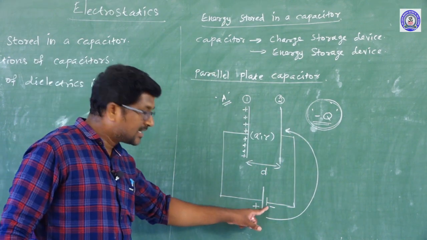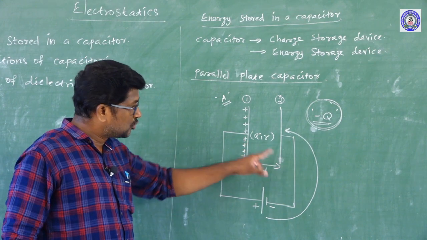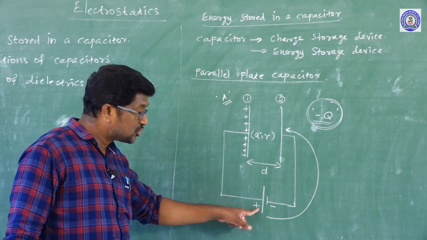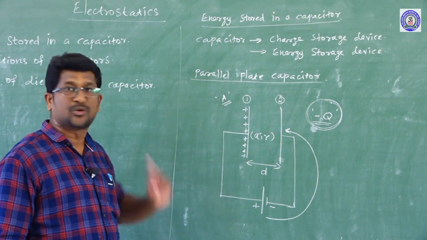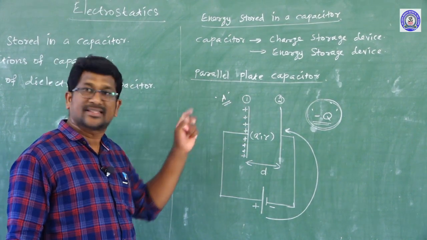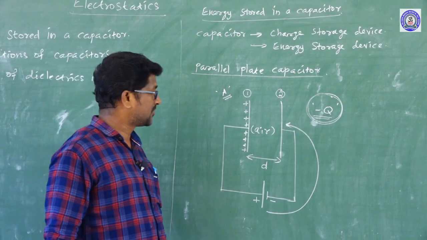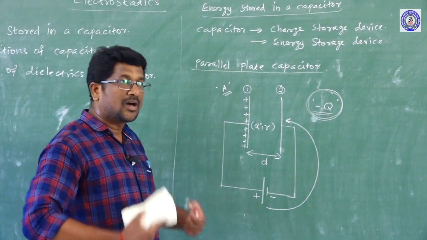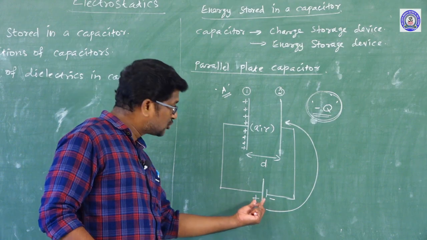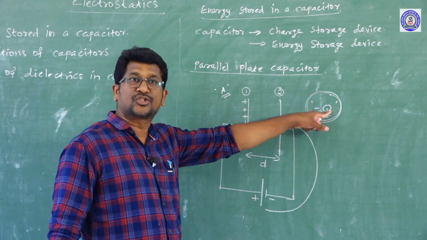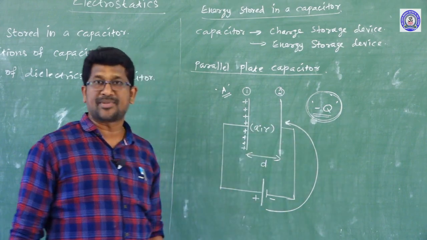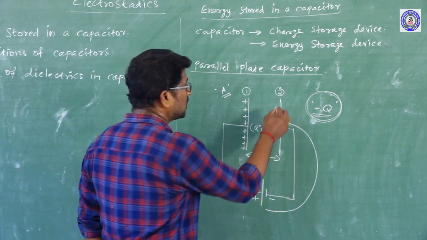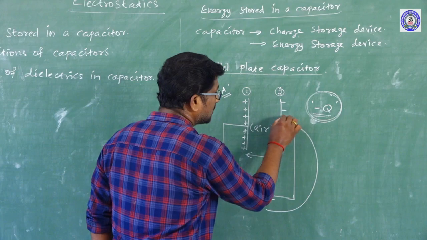This charge is transferred to the second plate of the capacitor, so the second plate becomes negatively charged.